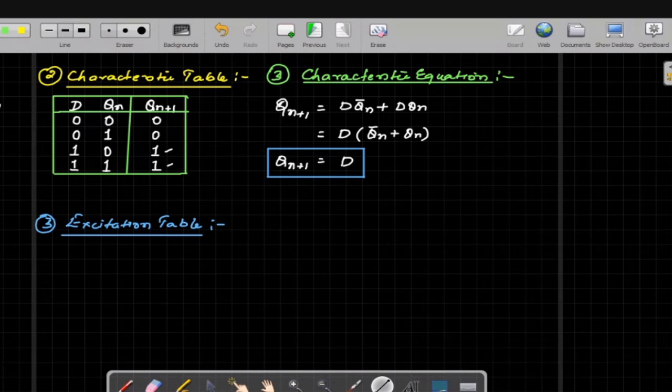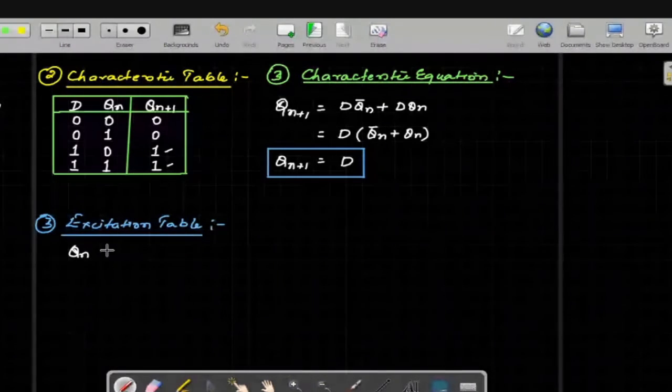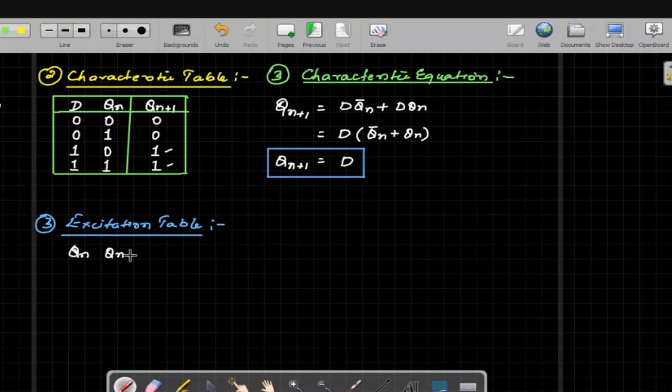Okay, so now let's try to understand, because in this D flip flop the output exactly follows the input. So what I am trying to say here is that if we have Qn, which is my previous output, and Qn plus 1, which is my desired output, what input will I apply at the D terminal to make this kind of transition?